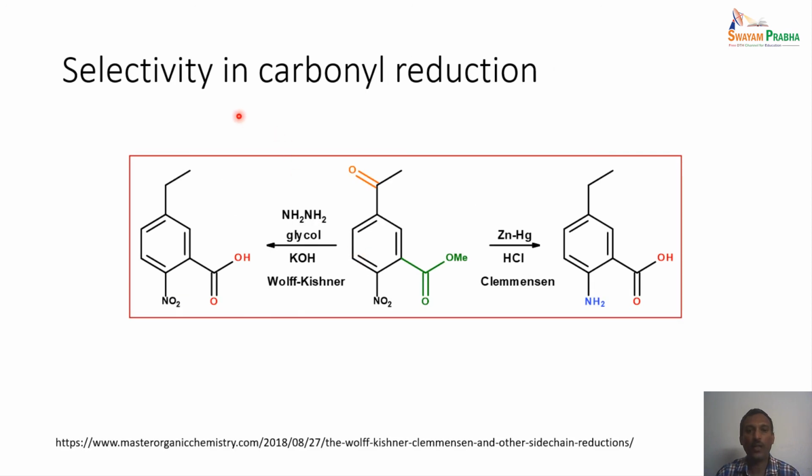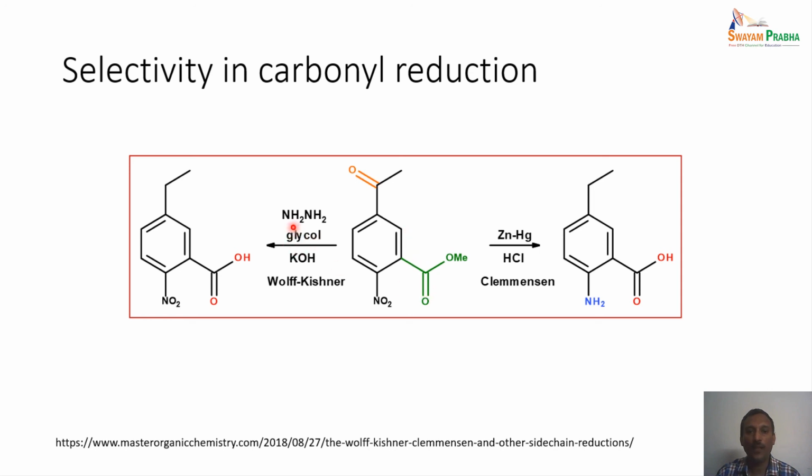We can also carry out a selective carbonyl reduction using Clemmensen and Wolff-Kishner reactions. If we take this, this is an ester, this is a carbonyl, this is a nitro. So we have three different functional groups which can be reduced using different reducing agents.